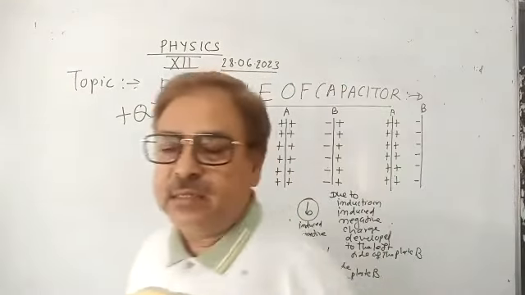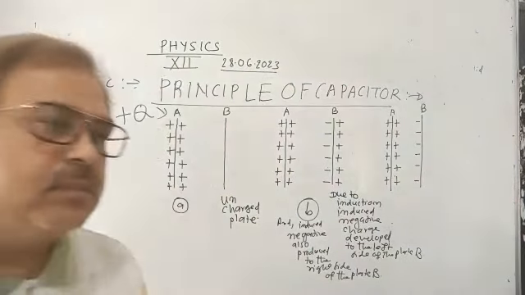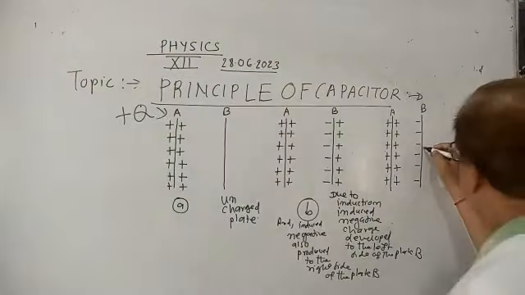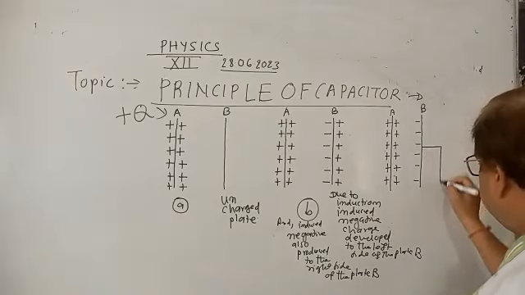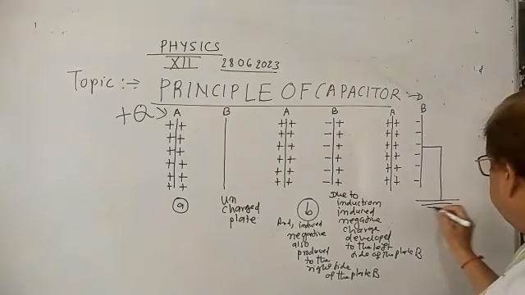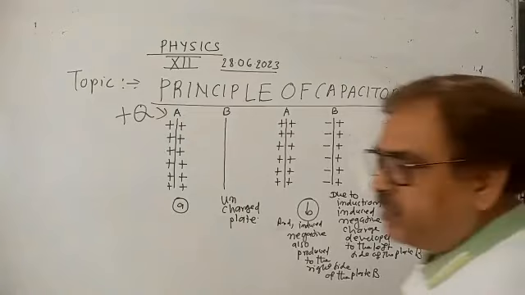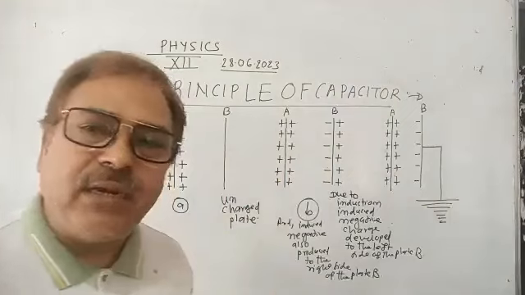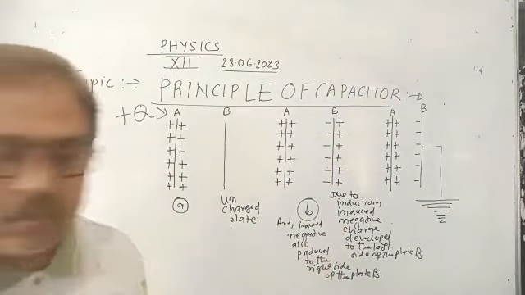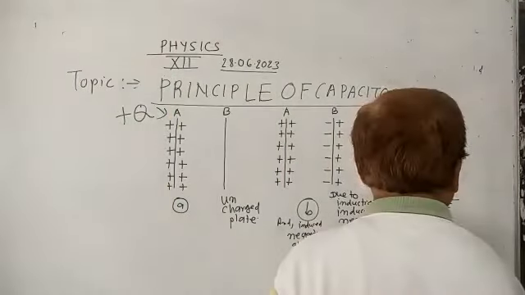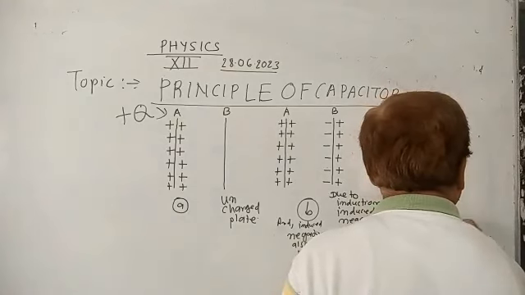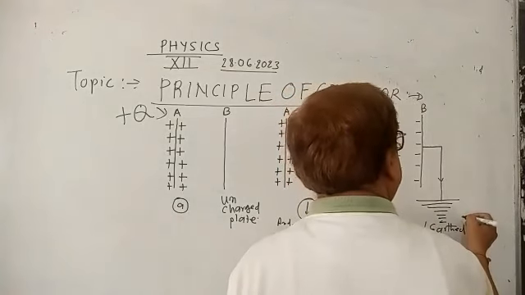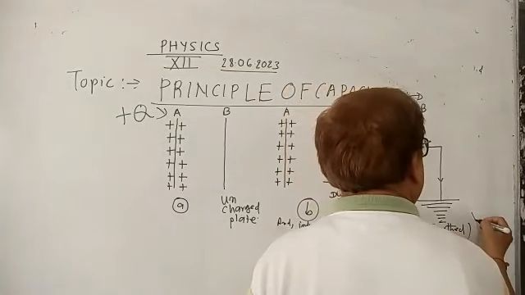Now the process is that we make an arrangement of the earthing. When the right side of the plate B is grounded and earthed, the whole of the positive charge cancels out with the earth and comes to 0.